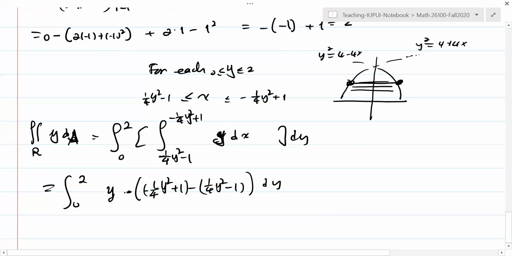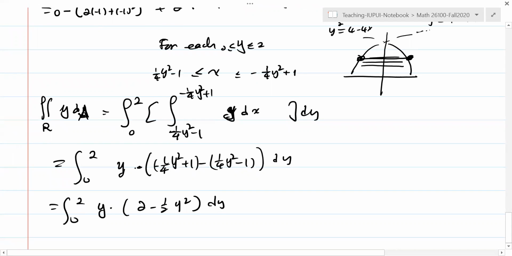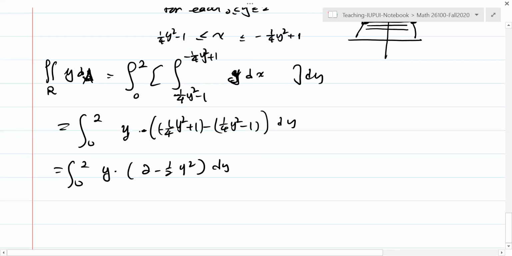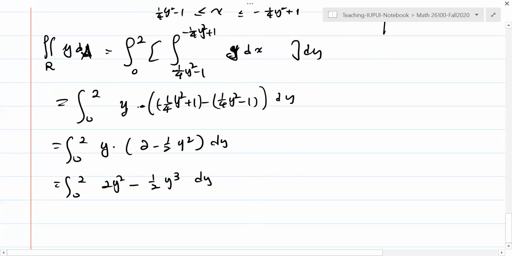Okay, then you simplify it. So you get 2 minus a half of y squared. Okay, so you get the integral of a polynomial. That's easy, right? Then find the antiderivative of this function.